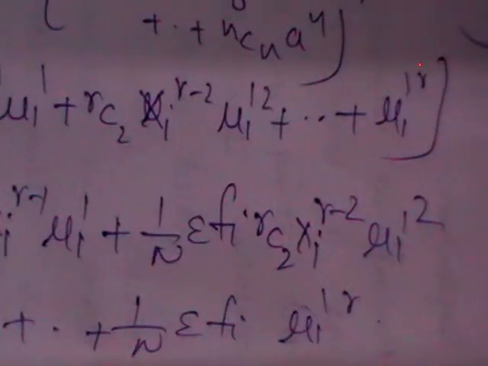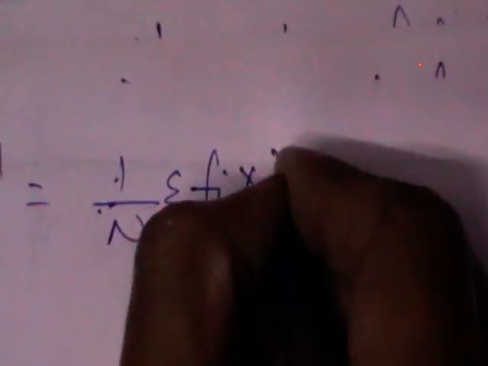r. Again the same concept: in each term observe the terms which are independent of i and take them out of the sigma, as sigma runs on i. So you will get mu r dash is equal to, okay, rC0 value is 1, so you will get 1 by n sigma Fi into xi power r.